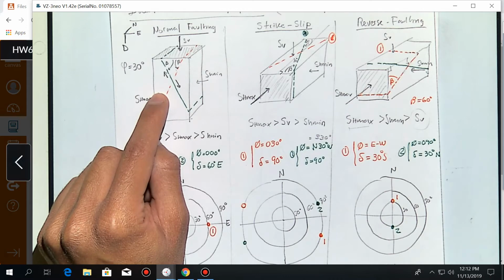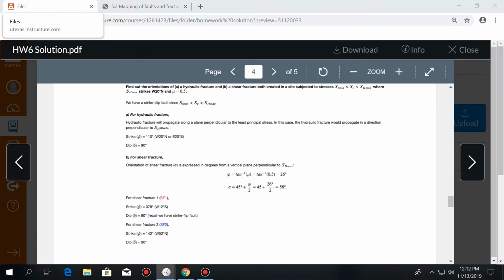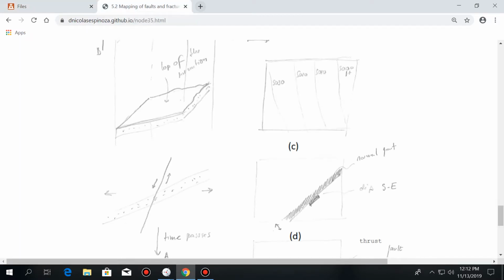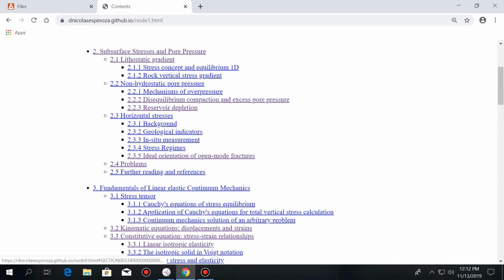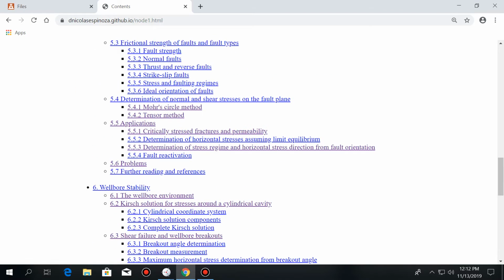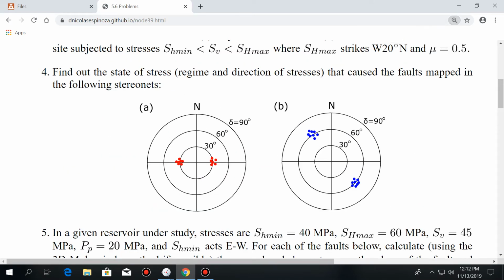And if I ask you, for example, like in this other problem, let me find it. In this problem, what would be the state of stress that caused this type of faults? Then probably I forgot here to add the word ideal, or the theoretical state of stress that would have caused those faults.